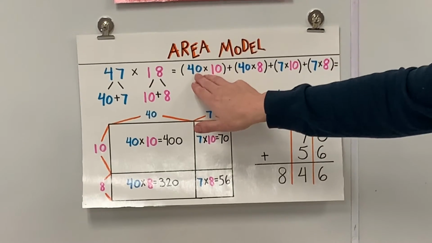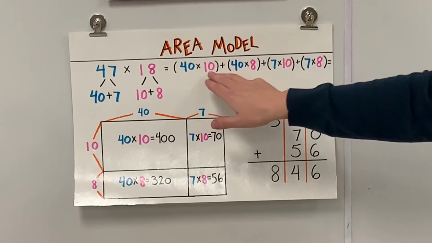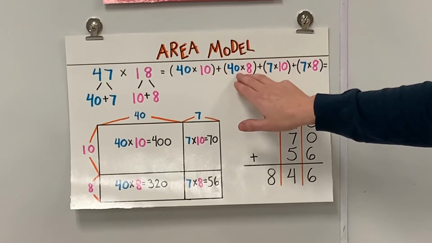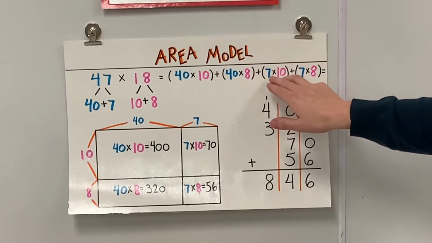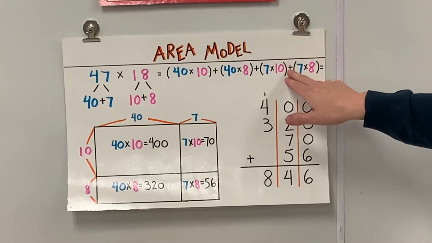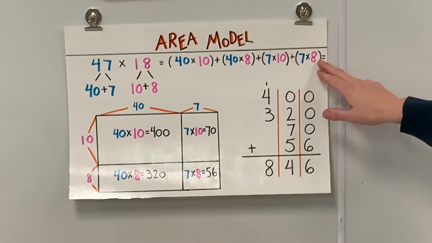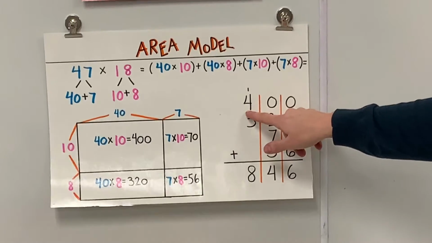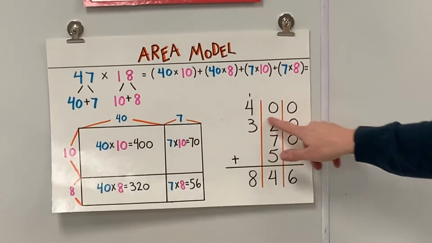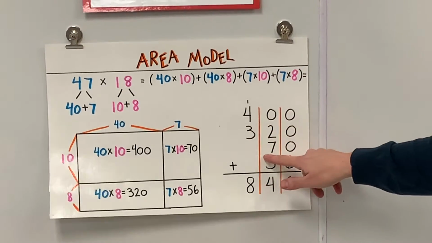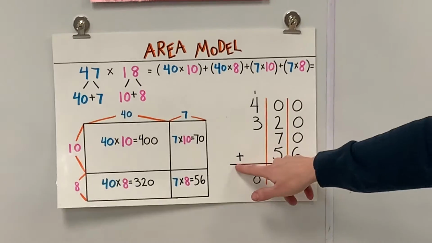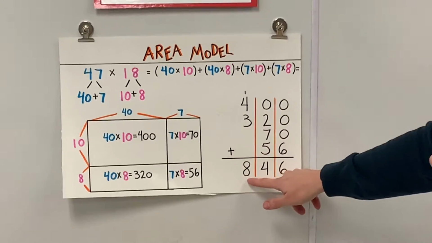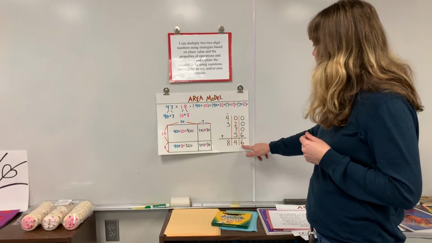What you did is that you multiplied 40 times 10, you added it to 40 times 8, then you added that to 7 times 10, and you added that to 7 times 8. It's like a roadmap to how they get their answer. You rewrite the equivalence: 400, 320, 70, 56, added together, and the answer is 846.